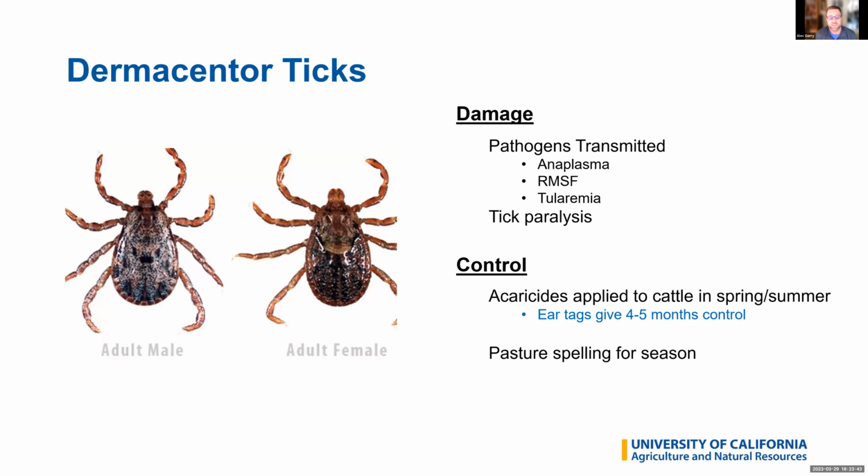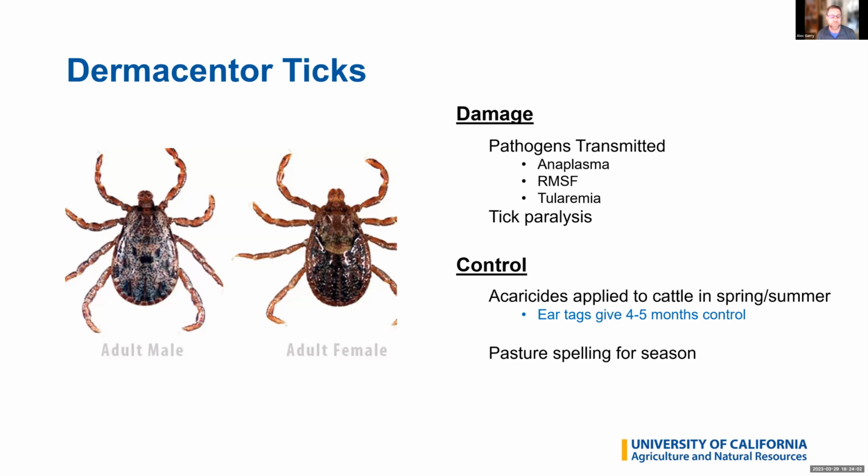The first of these is the Dermacentor group. The Dermacentor group, or wood ticks, as I mentioned, can transmit a number of pathogens. They also can cause something called tick paralysis. These ticks are well known, if they're feeding on an animal just in the right spot, usually on the neck or just behind the head.